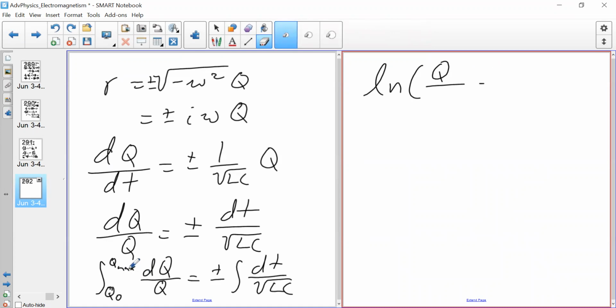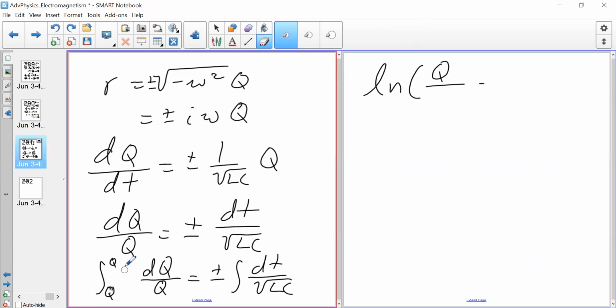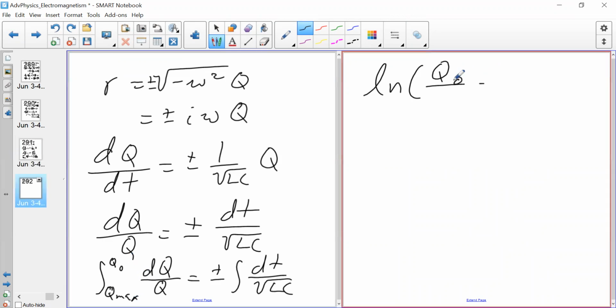So we're going to change the order of our integrands. And so q naught, q max. And I did that because remember the natural log rule, natural log of q naught minus natural log of q max is this.